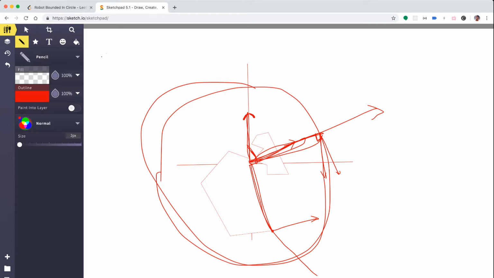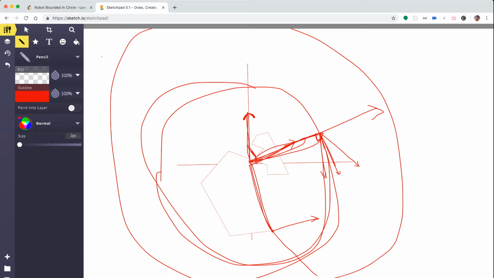With a larger angle, we will not draw a line, but something like a snail shell.